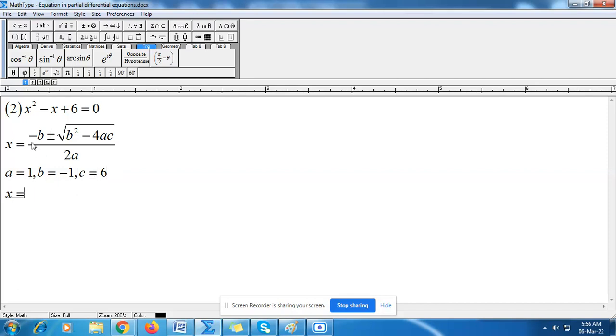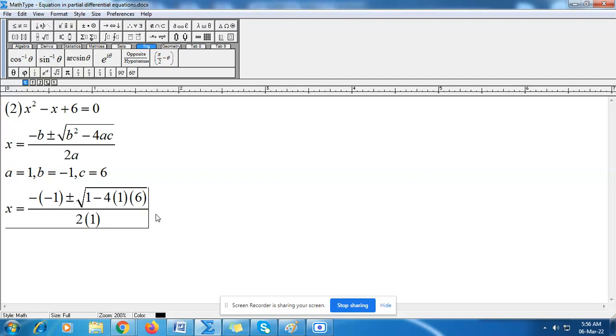So here b is minus of minus 1, plus or minus root of b square, minus 1 whole square is 1, minus 4, a is 1 and c is 6, whole by 2a, where a is 1.